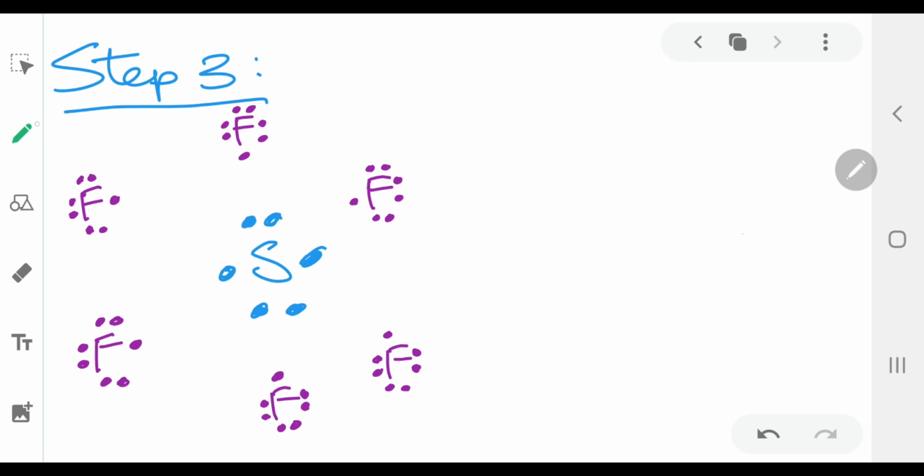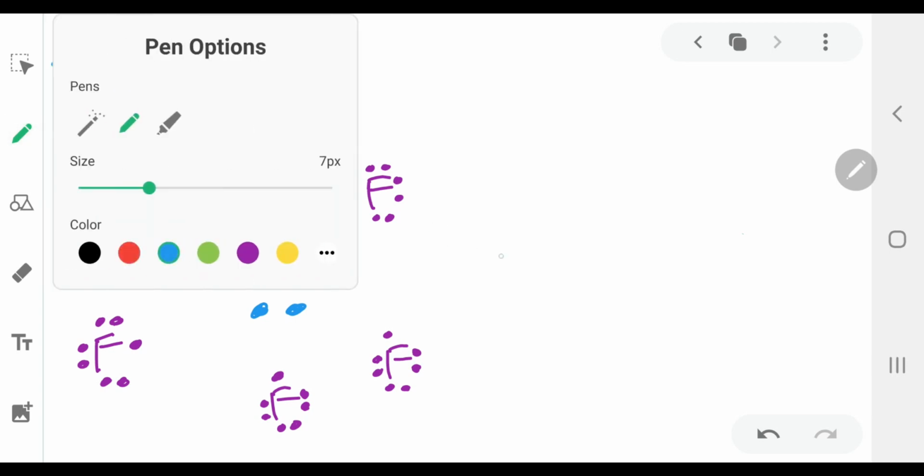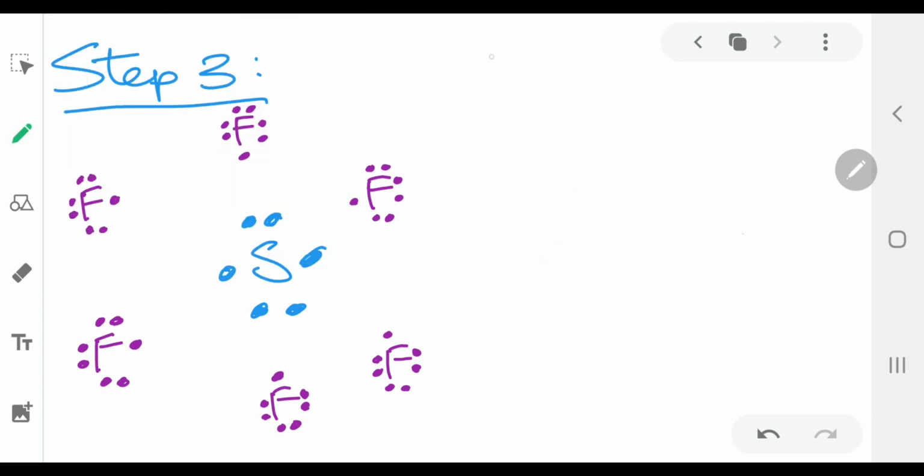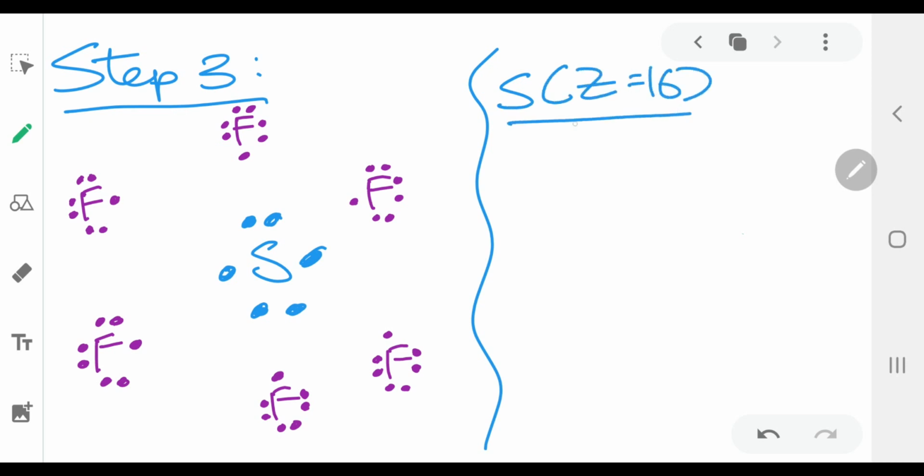So just now we have talked about why sulfur is able to form expanded octets. To know that, you have to look into the orbital diagram of sulfur. We know that sulfur has proton number 16, therefore it has 16 electrons.